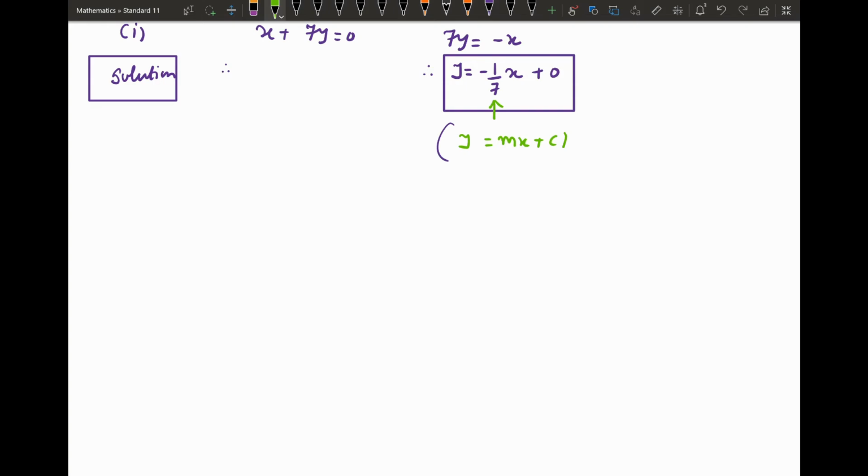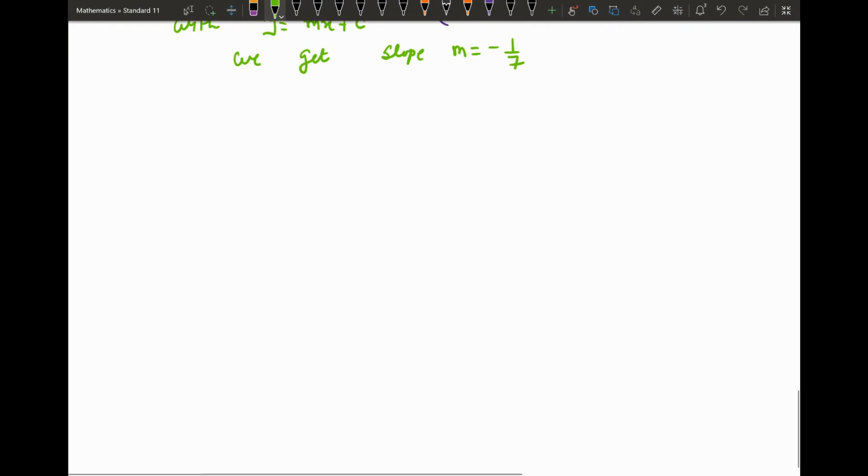Therefore, on comparing with y equal to mx plus c, we get slope m equal to minus 1 by 7 and y-intercept c equal to 0.